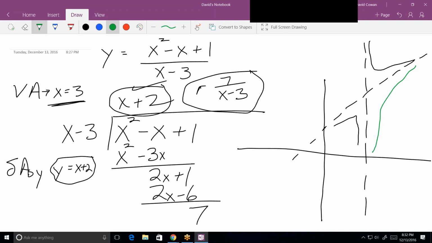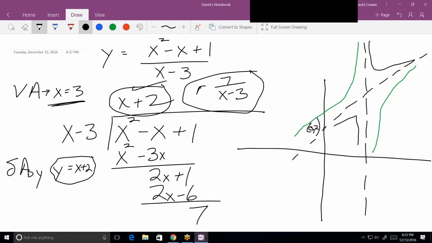Notice that the y-intercept's going to be close on either. I'll tell whether it's below that. I know what that point is. I know that that's 0, comma 2. So all I have to do is plug in 0, and I'll know whether I'm the black or the green.